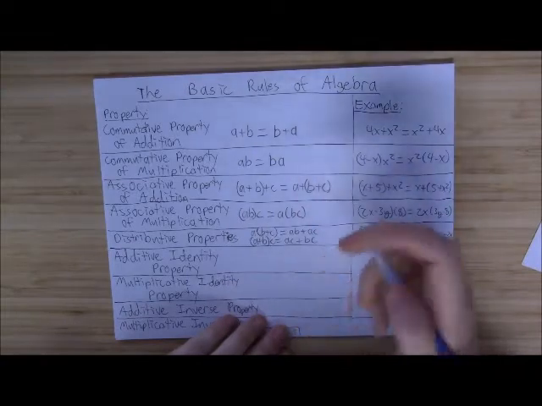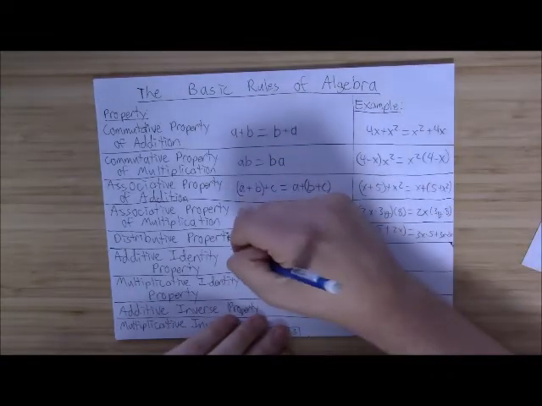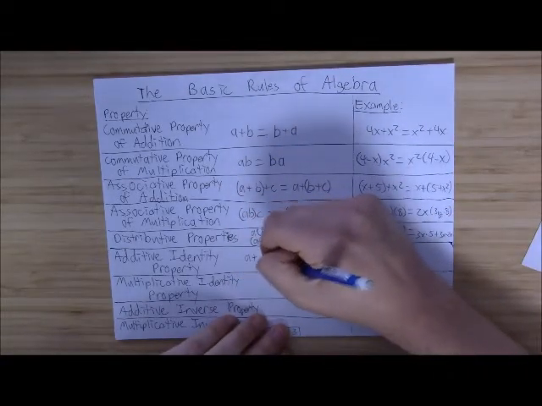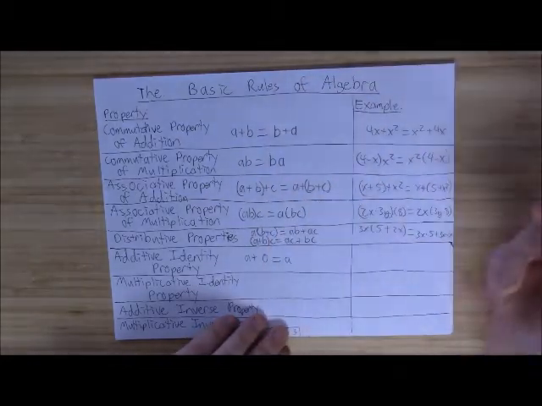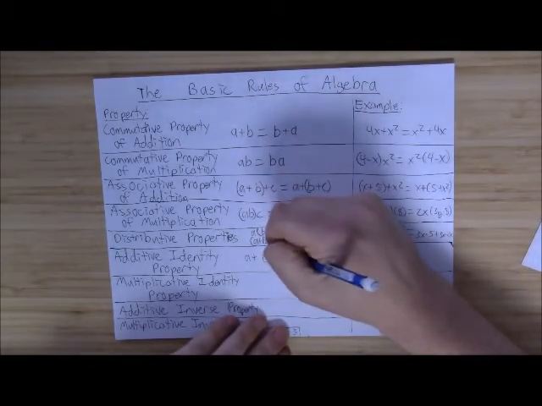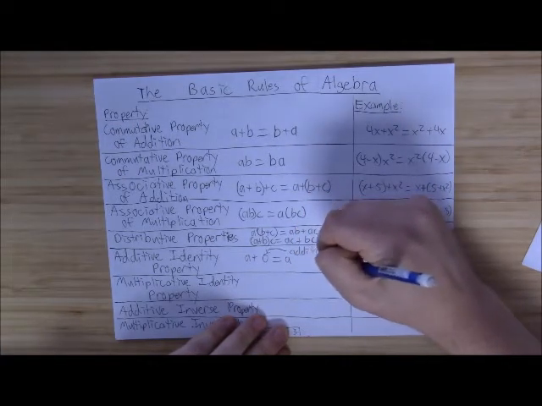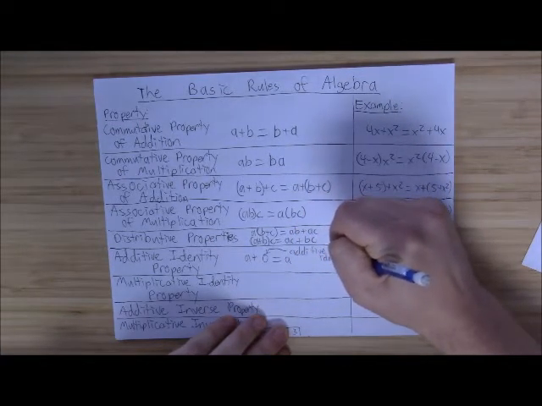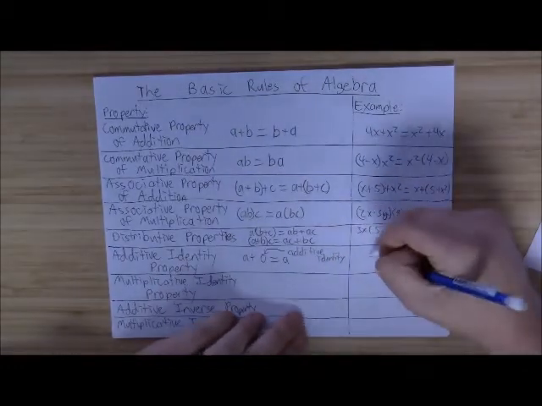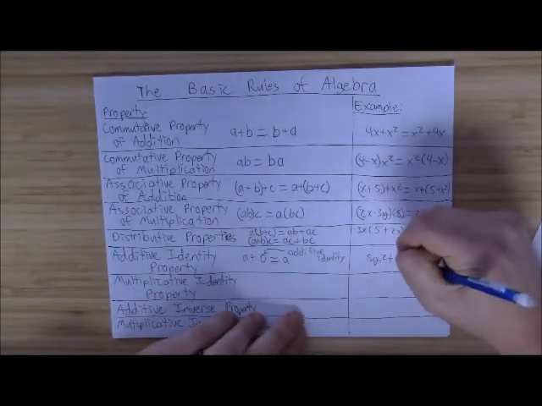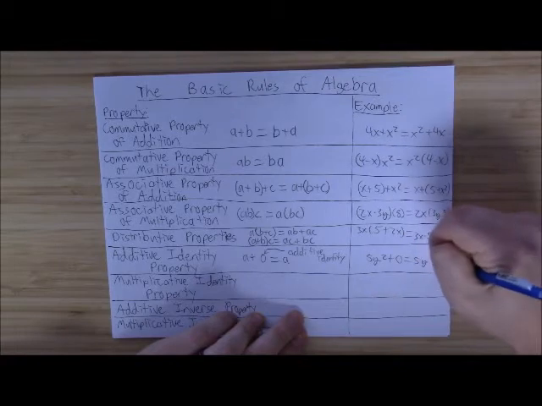The additive identity property says that if you take any number a and add 0 to it, it gives you a. Because of this, 0 is called the additive identity. For example, I could take 5y squared and add 0 to it, and I would still have 5y squared.